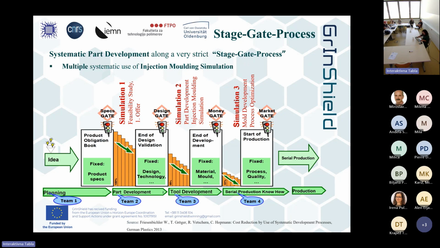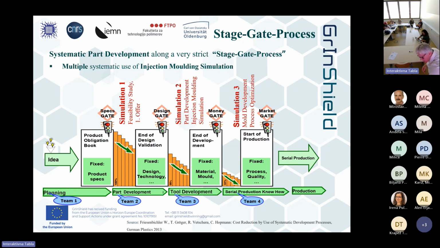Not only a simple feasibility study simulation, but a precise injection molding simulation of the inflowing material, but also a mechanical characterization and simulation. And finally, in that phase we also end up with a lifetime prediction. Because then we are sure, yes, we can produce it, we can earn money, and we have a benefit.